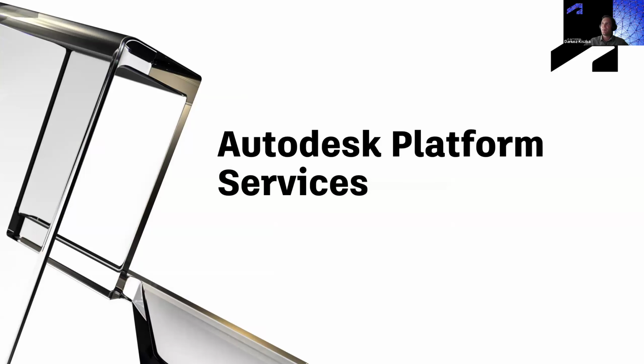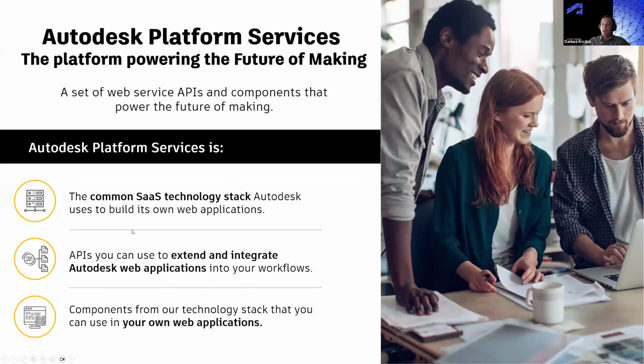Okay, so when we think about the Autodesk Platform Services, what is it exactly? APS is the platform for developers to build solutions in the cloud that allows you to build custom solutions to meet your specific needs or business goals. The way these custom solutions tie into the platform is through our growing ecosystem of web services and application programming interfaces, or APIs.